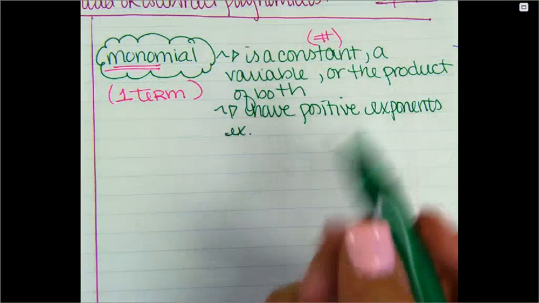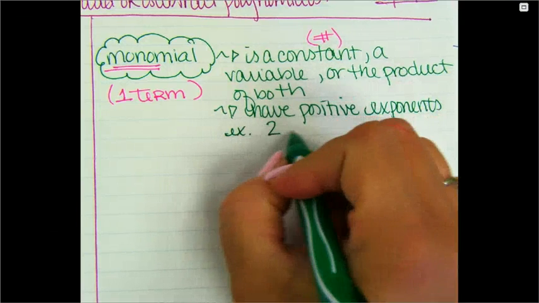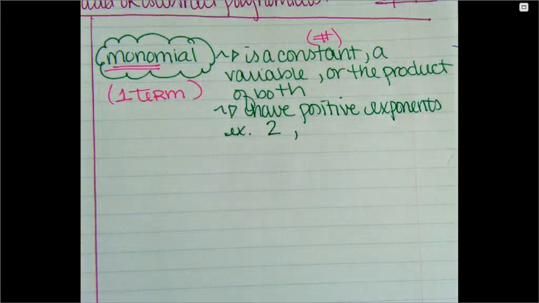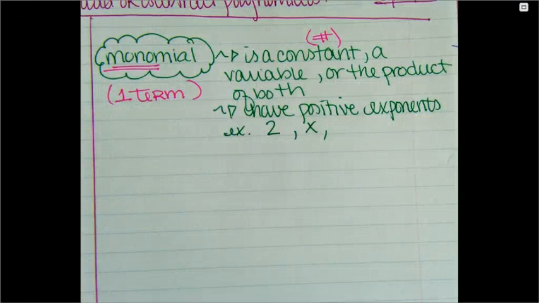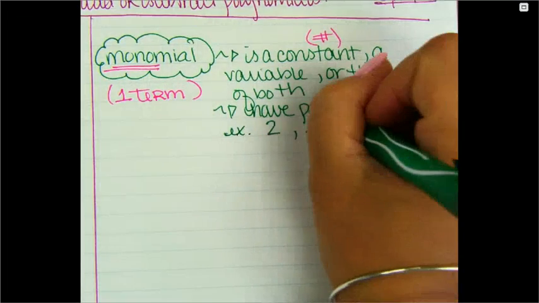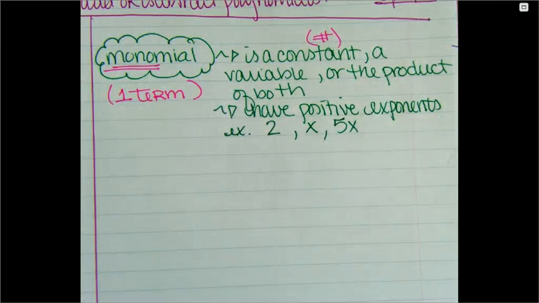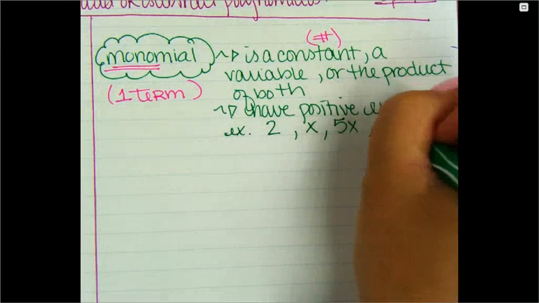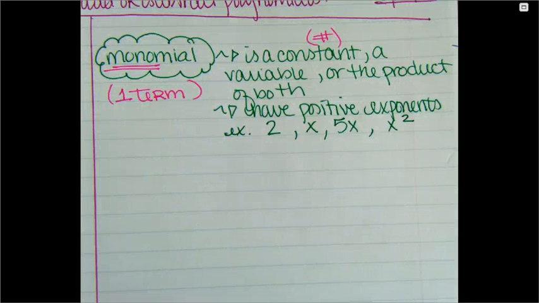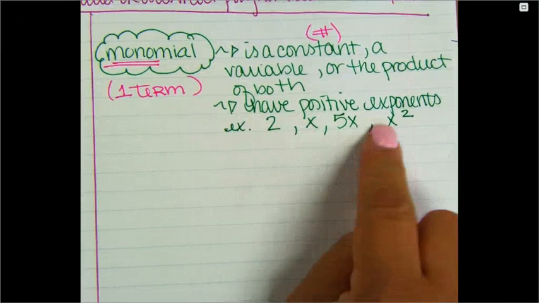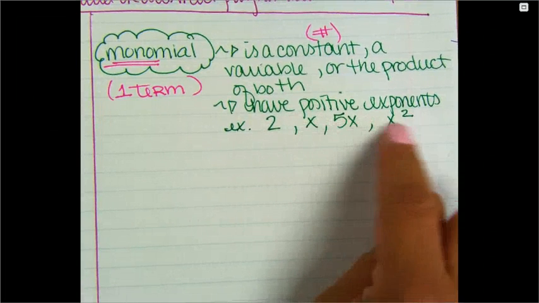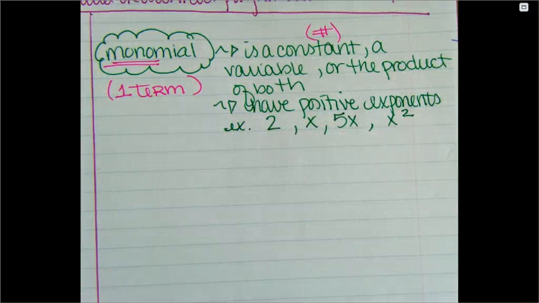Now, an example of a monomial is like the number 2. It's just a constant. It's a monomial. X is also a monomial. 5x is a monomial along with x squared. There's multiple. But those are just examples to show you one that's just a number, one that's just a variable, the multiplication of both, or one that has a square term. Okay? They're all considered monomials.